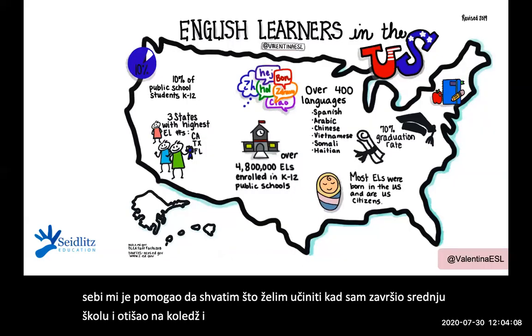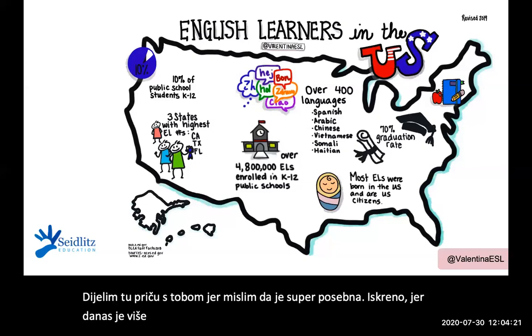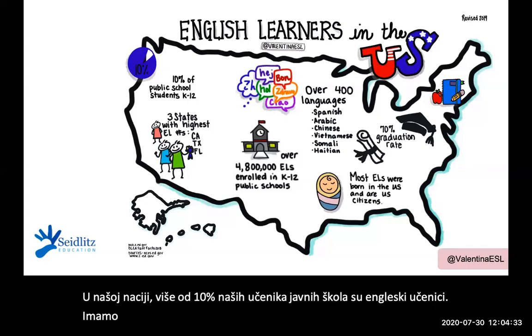I share that little bit of my story with you not because I think it's super special, but in all honesty, because it is actually more prevalent today than it was back then. In our nation, over 10% of our public school students are English learners. We have over 400 languages spoken in the United States.